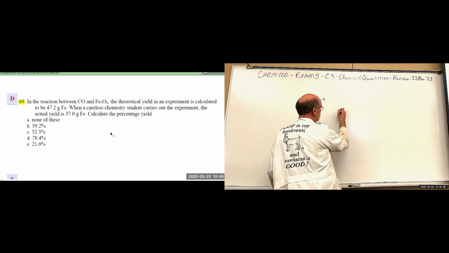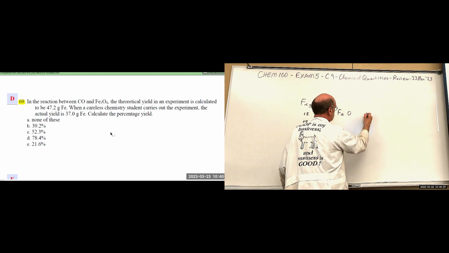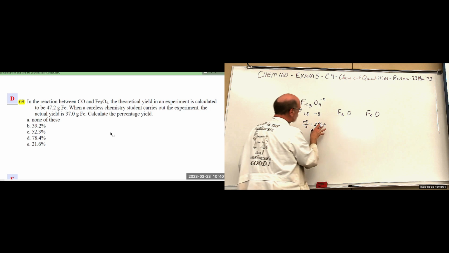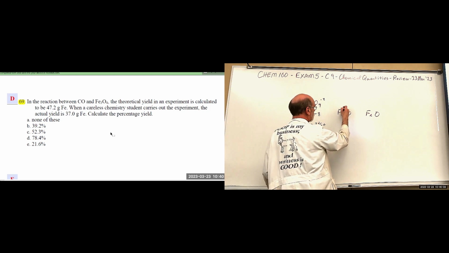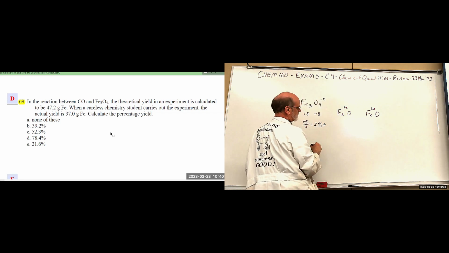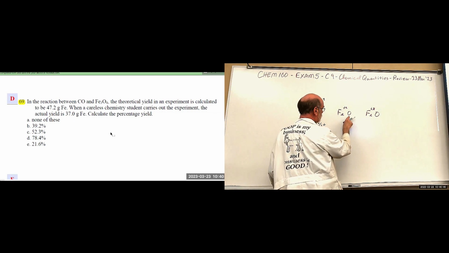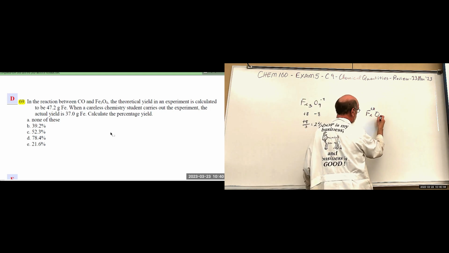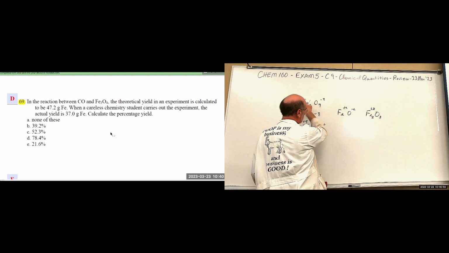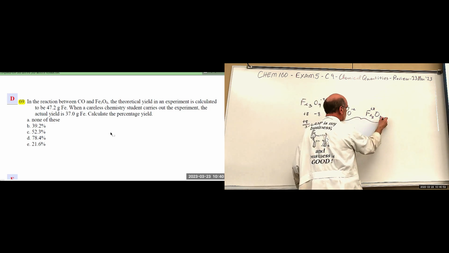So what you need is two compounds, one of them with a charge of 2 and the other one with a charge of 3. So this would be FeO, that would be perfect, just like that. And this one would be 3 here and 2 there, Fe2O3. So this formula is a composite of those two.